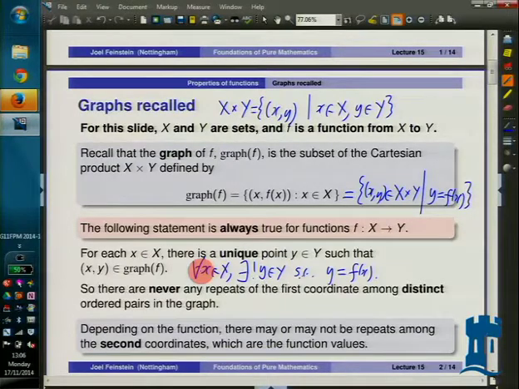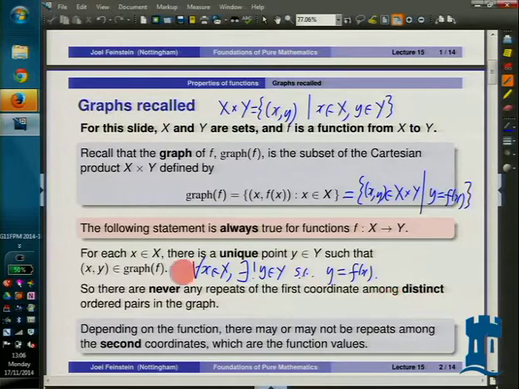You will see on question sheet 3 some examples where the first coordinate appears to get repeated, but the second coordinate happens to be the same again. So it's really only one point in the graph. Because sets don't care how many times you mention each of their members, it still only counts as being an element once.